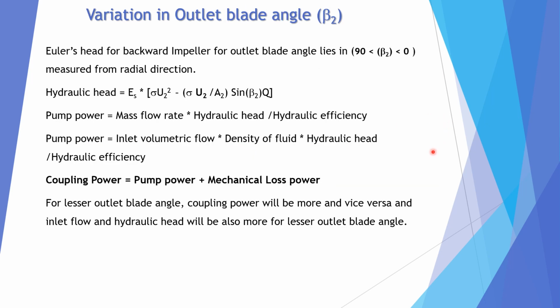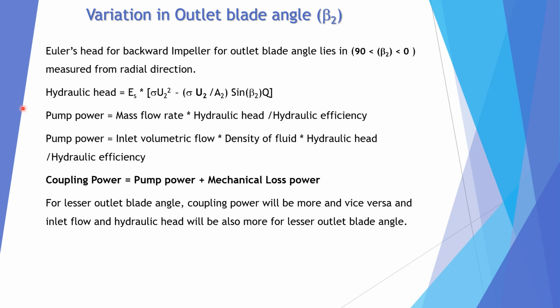Now the variation of the flow versus coupling power. Hydraulic head can be written like this, again ES into (sigma U2 square minus sigma U2 upon A2 into sine beta 2 into Q), and pump power is equal to mass flow rate into hydraulic head upon hydraulic efficiency.